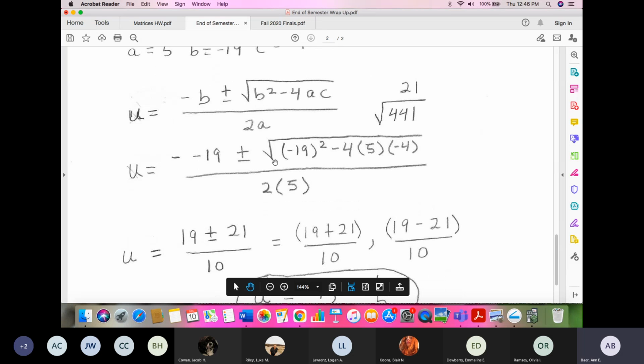I did that calculation and got 441. Actually, the square root of 441.